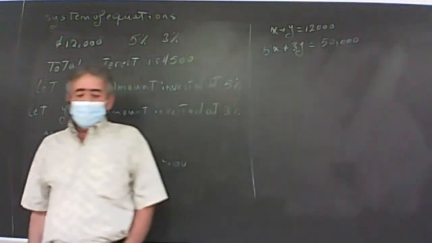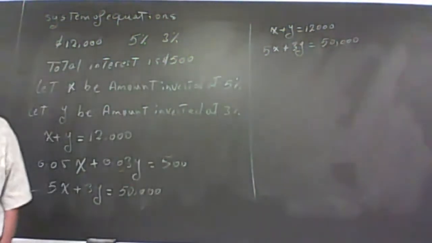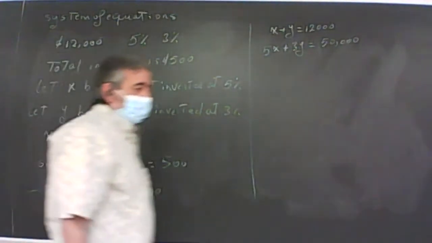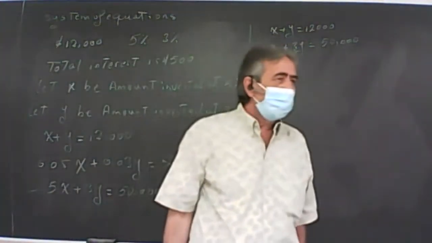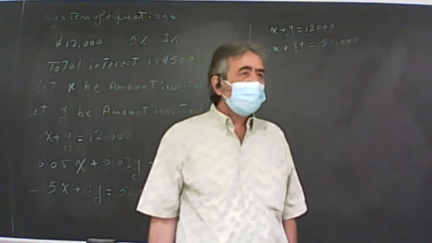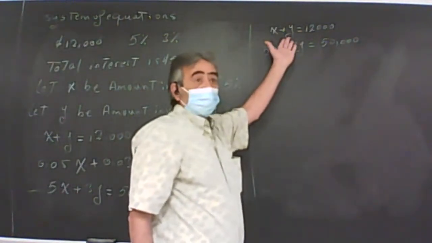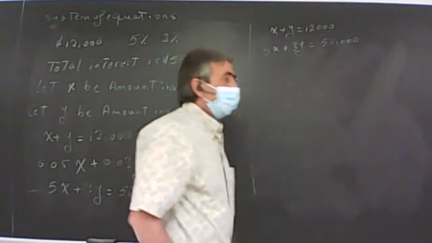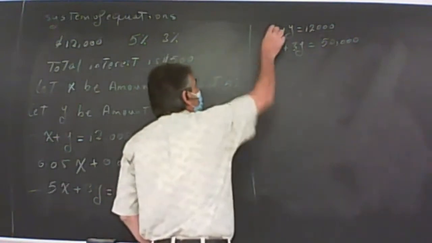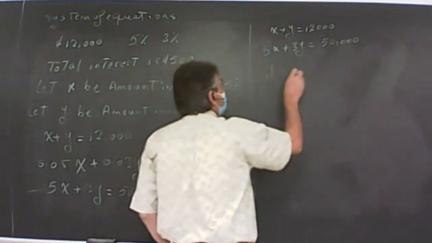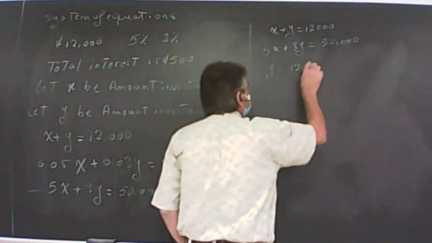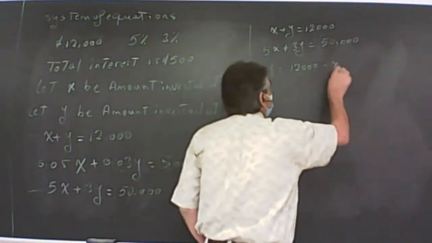Now we can use the same technique we've been using, the substitution method, and then solve the system. I can solve over here for y in terms of x. From equation 1, we have y equals 12,000 minus x.